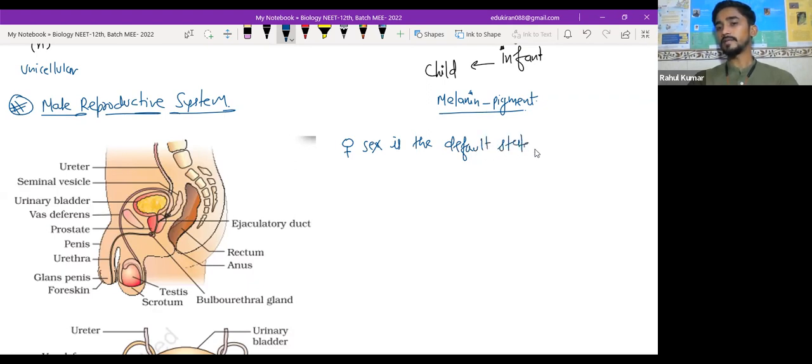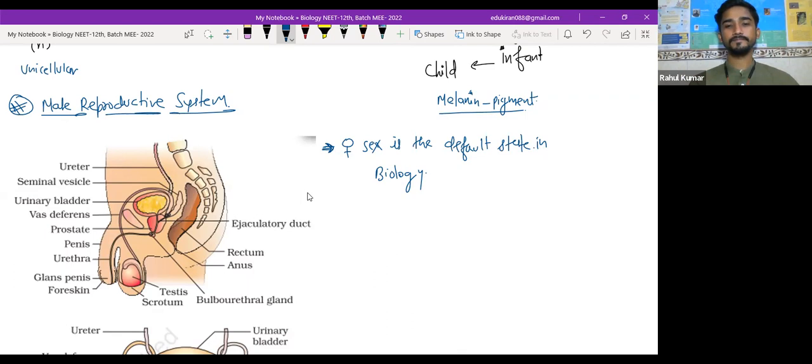What I mean by this is, if we do not give proper signals to an embryo to develop into a male, if we do not give any signals at all, then by default every human embryo will just become female.